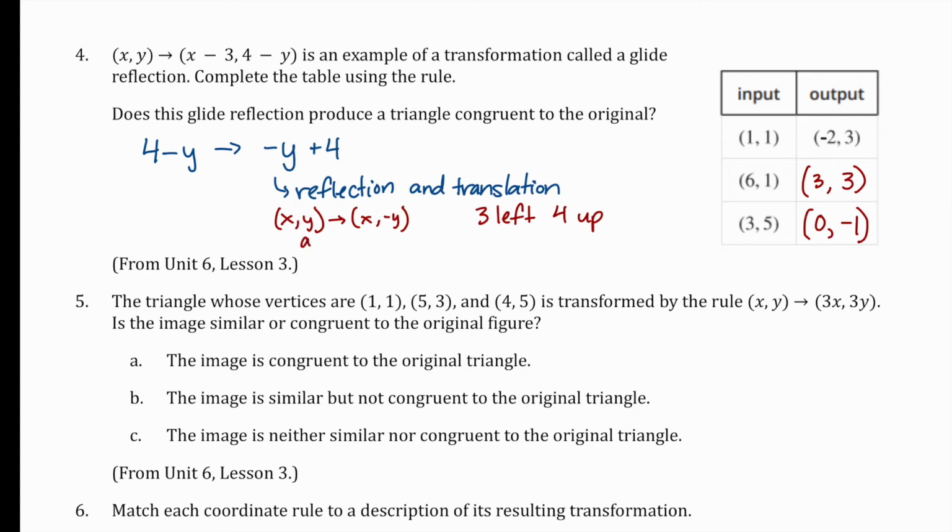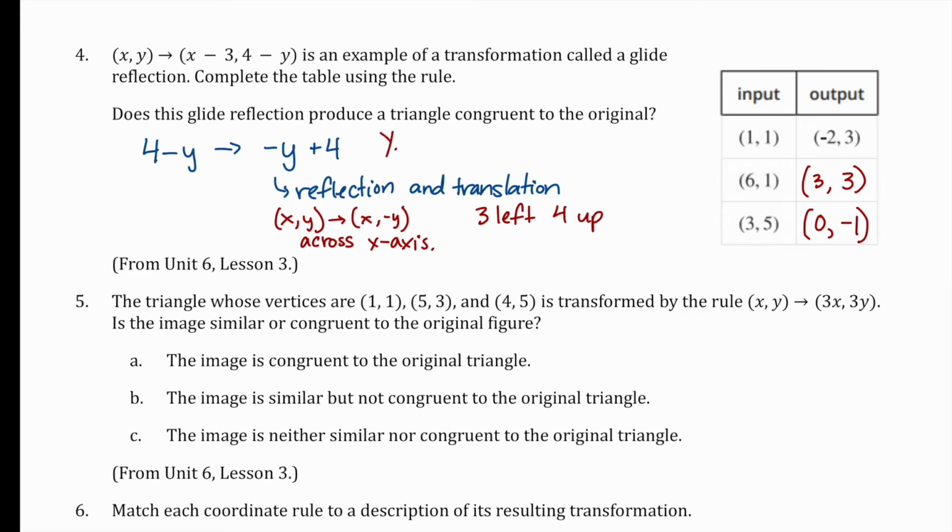And then the reflection is if we took like x, y, and it just became x, negative y, and that's across y equals 0 or the x-axis. So it's a glide reflection, which is really just a combination of a reflection and a translation. So long story short, yes, it produces a triangle congruent to the original because those are both rigid motions.